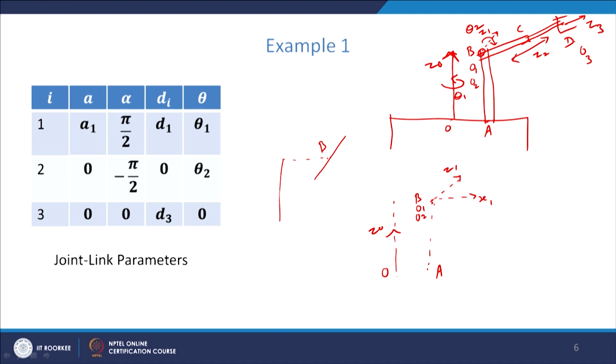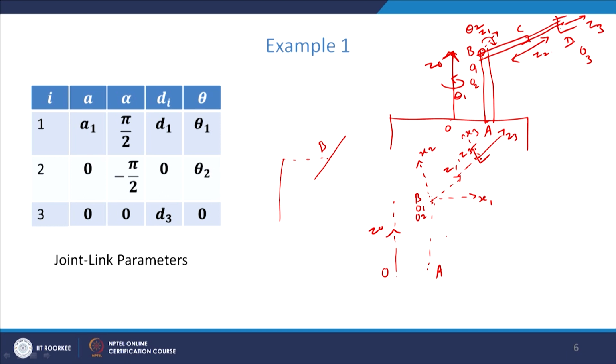Similarly, Z1 and Z2 are also intersecting here. The line perpendicular to both of them, Z1 and Z2, will give x2 direction, which is perpendicular to both Z2 and Z1 direction. Now, by fixing the point Bk, as we have seen, Bk is the point of intersection of Zk minus 1 and Xk.